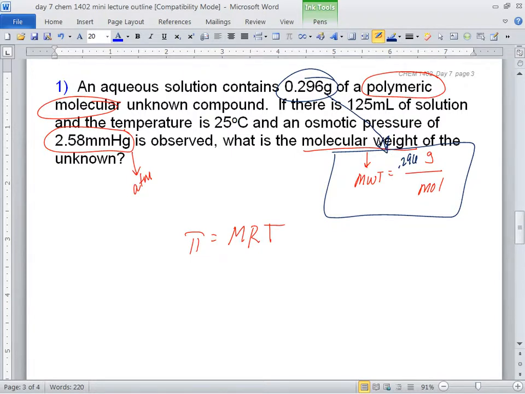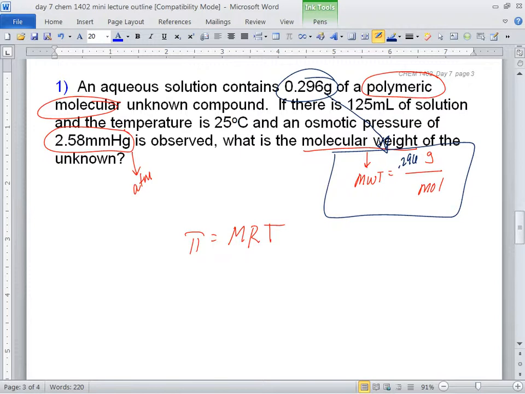Okay? They told you that. So we only got to figure out moles. Cameron, how are you going to get moles? Anybody give him a guide? Help him out? Use the big M equation.